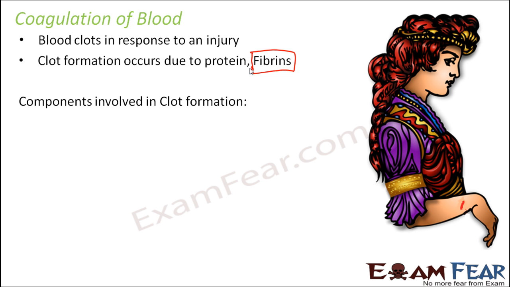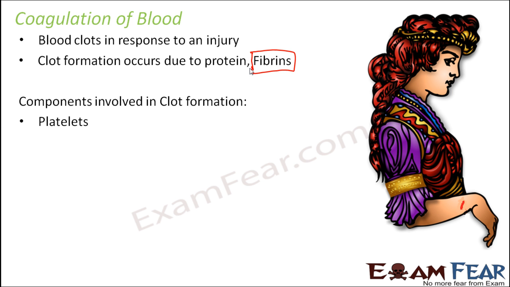Till now, what are the components of blood which we have talked about? We talked about the red blood cells, the white blood cells, the platelets, and the blood plasma. In the plasma, we saw that there were many plasma proteins which I said help in the process of clotting. Out of all these components of blood, which are involved in clot formation?